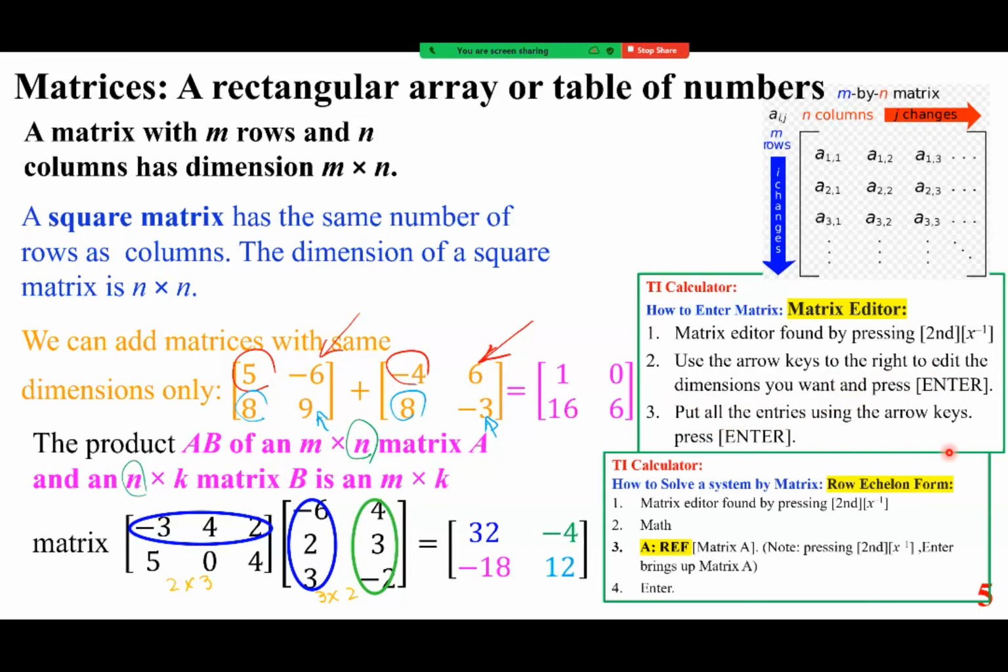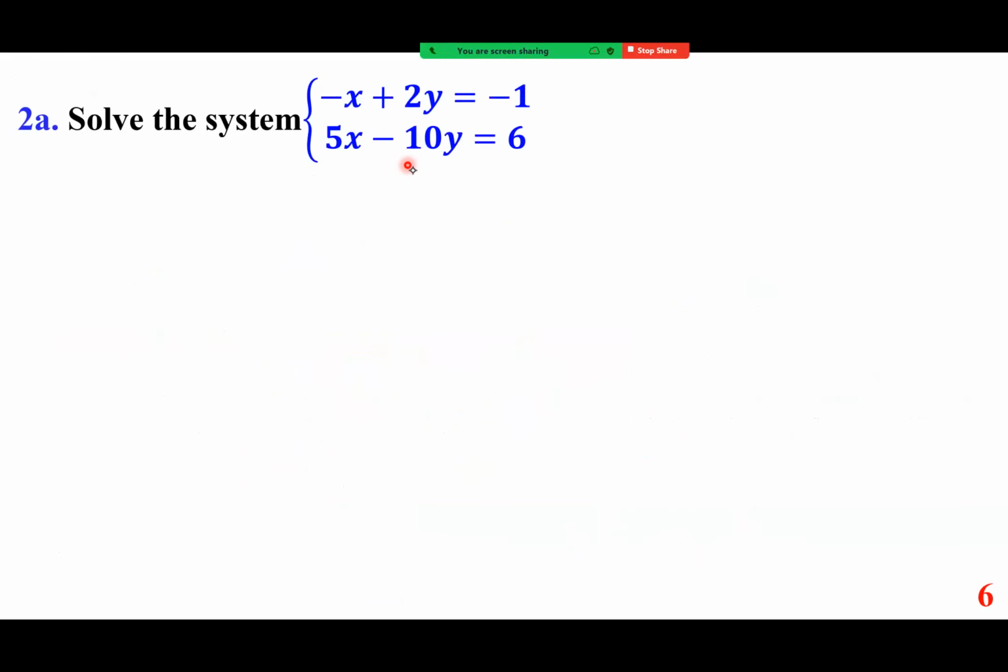And if you go with REF, row echelon form, you can solve it. So what I want to quickly show you is to look at the same question we had here and do the math. To do that, we are going to go with what is called an augmented matrix.